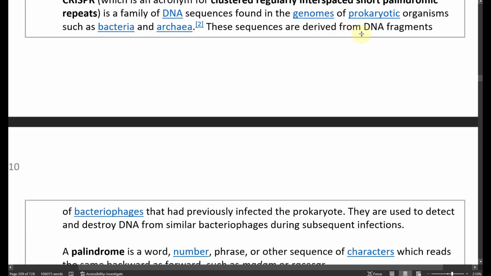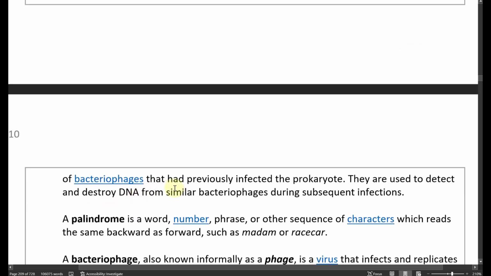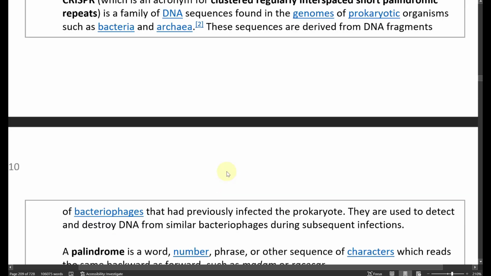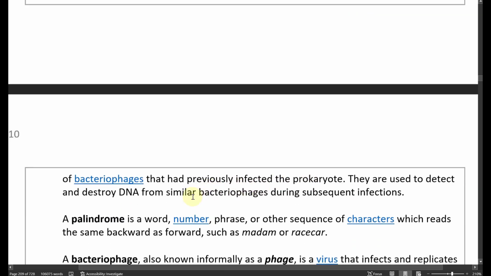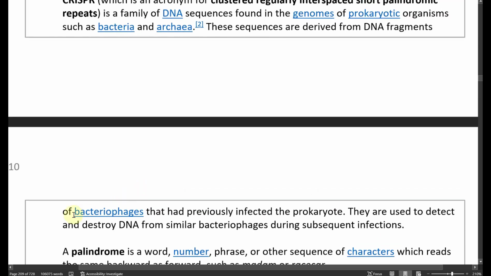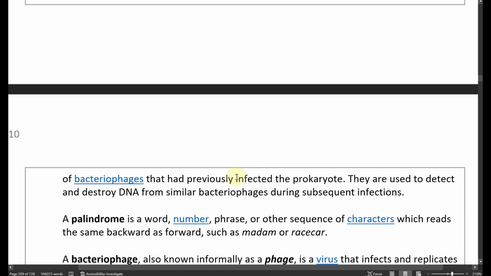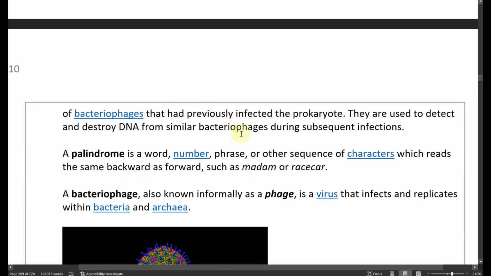So these are derived from DNA fragments of bacteriophages that had previously infected the prokaryote, and then these sequences are used to detect and destroy DNA from similar bacteriophages during subsequent infections. So they're derived from these bacteriophages after infection, and then on a repeat encounter with a bacteriophage, they destroy the DNA of the new ones coming in.